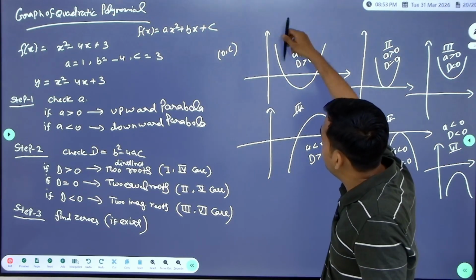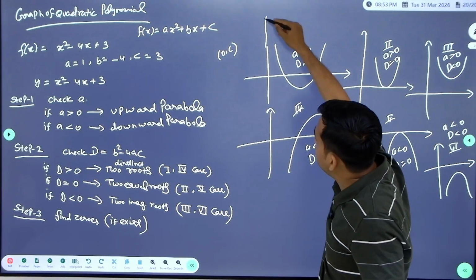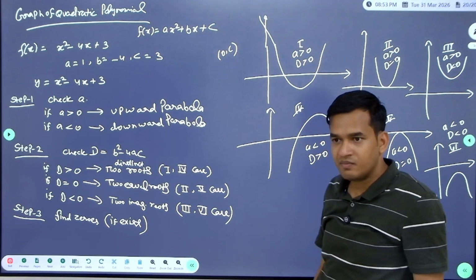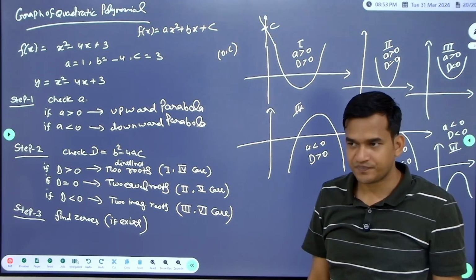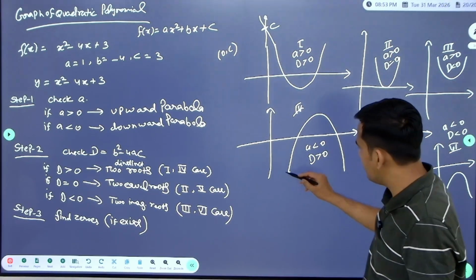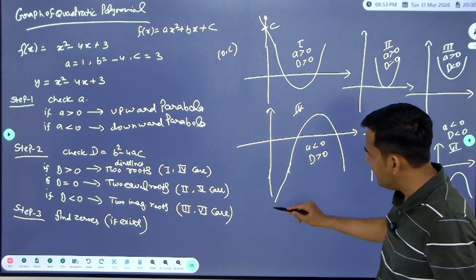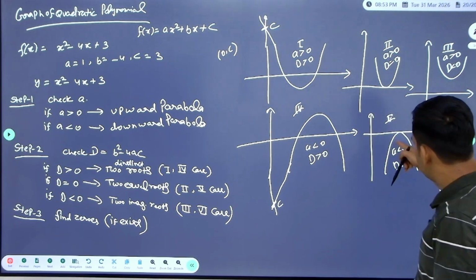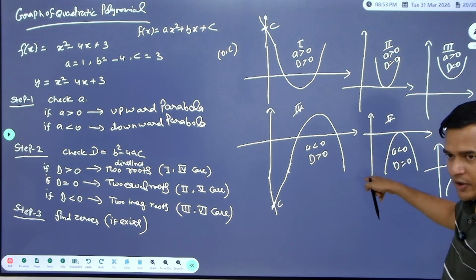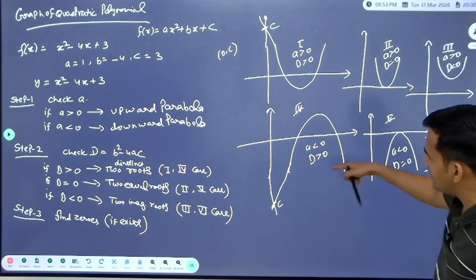So this graph will be intersecting y axis at some point, correct? This value will be c. In this graph will be intersecting y axis at some point. This point will be c. Here also it will intersect y axis. That point will be c. In this case, c will be negative.